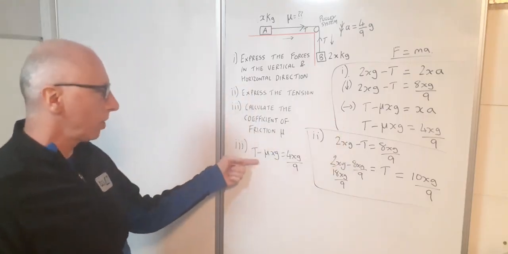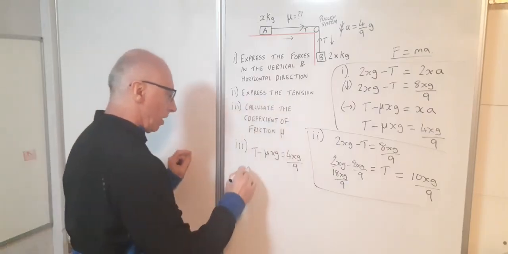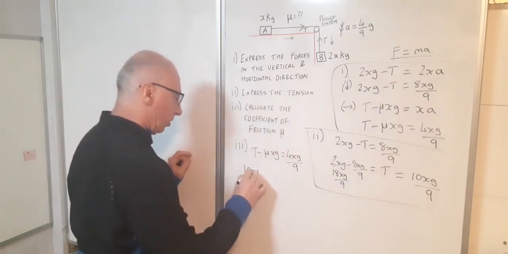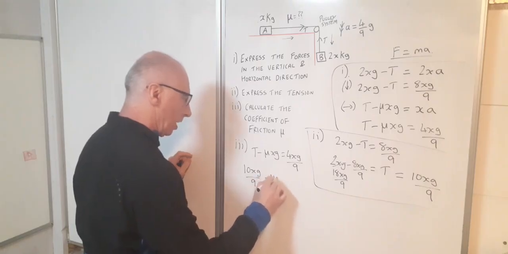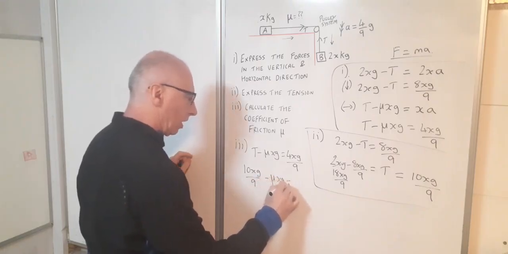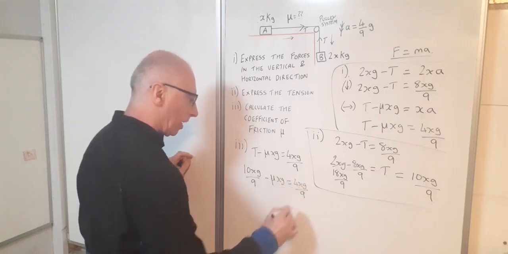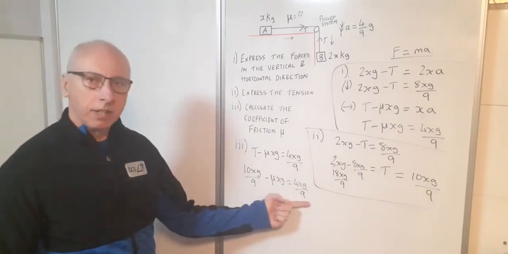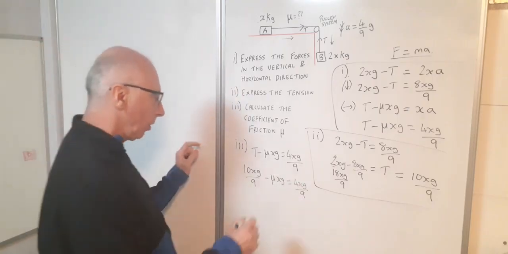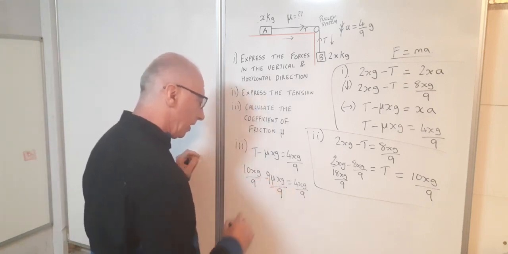Now we know what T is. We've calculated that as 10xg over 9. So then we've got 10xg over 9 minus mu xg equals 4xg over 9. So now it would be a good idea to get everything multiplied by 9. So if I put a times 9 here, I can stick a 9 in there, that's fine.